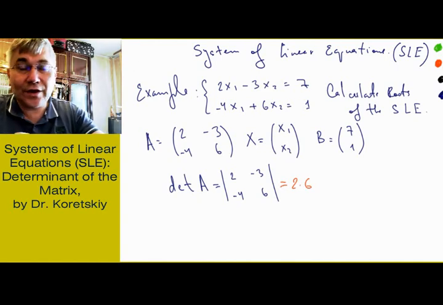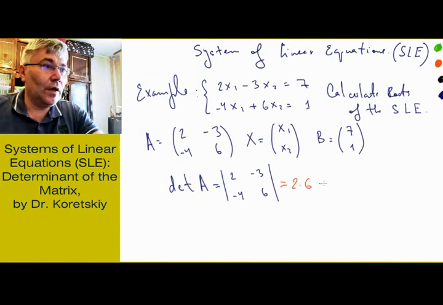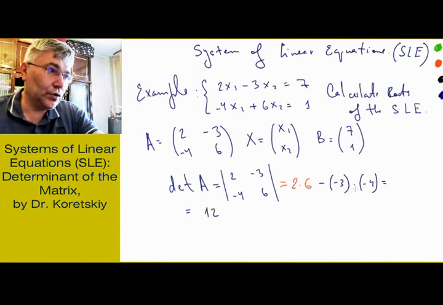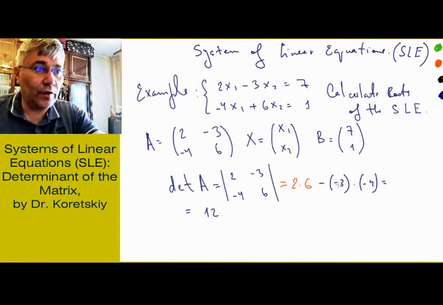You shouldn't use different colors, I just want to explain. So we have finally 2 times 6, 12. 3 times 4, 12, but we have odd number of minuses, and that leads to minus, gives minus 12, and it is 0.